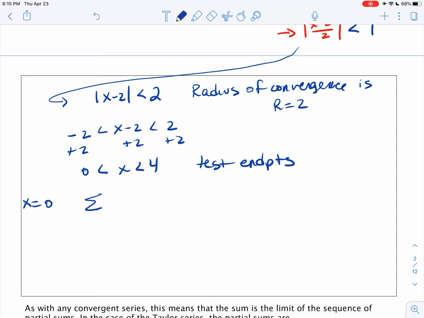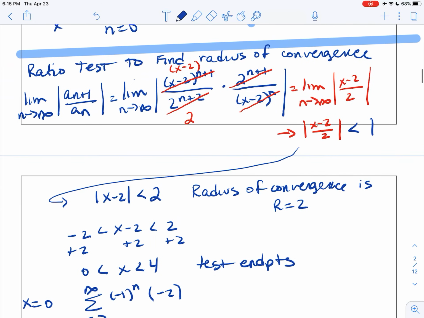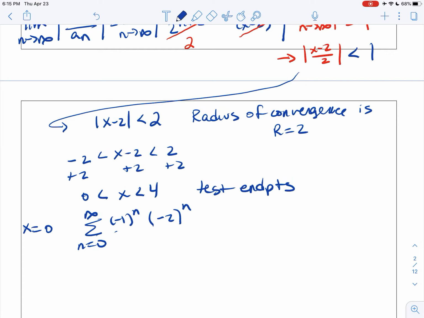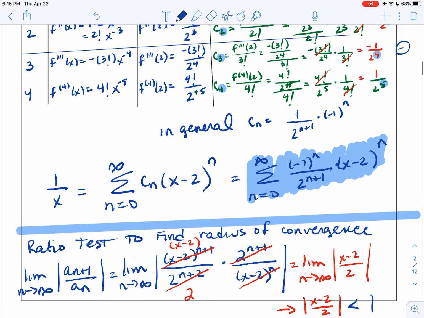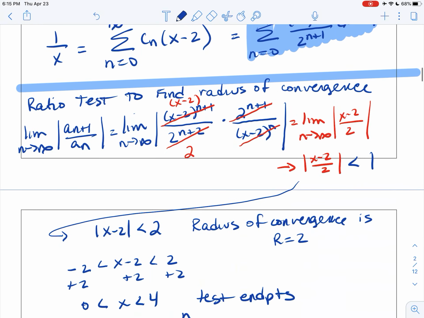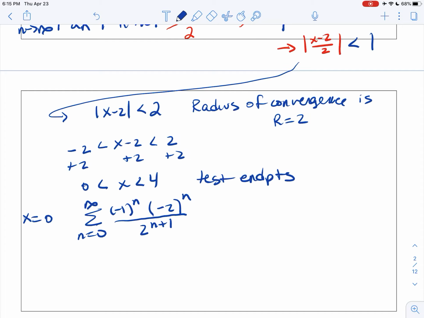And in testing my endpoints for x equal to 0, I would end up with the sum from n equals 0 to infinity of minus 1 to the n times 0 minus 2, so that would be negative 2 to the n, over 2 to the n plus 1, right? If that is our function. Yep. And in doing so, then I end up with n equals 0 to infinity, and the negative 1 to the n times negative 1 to the n is negative 1 to the 2n, right?